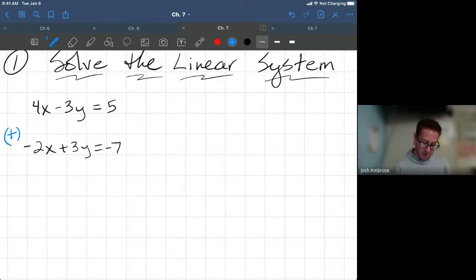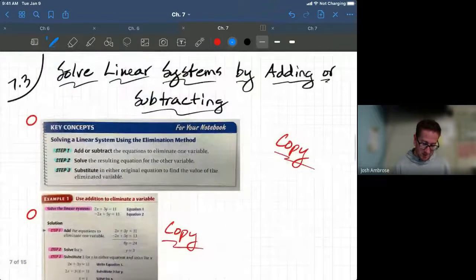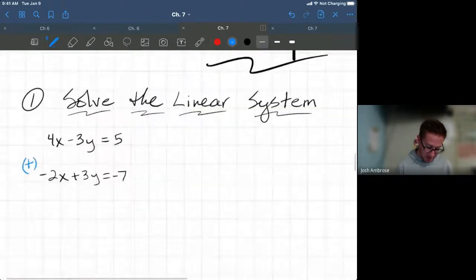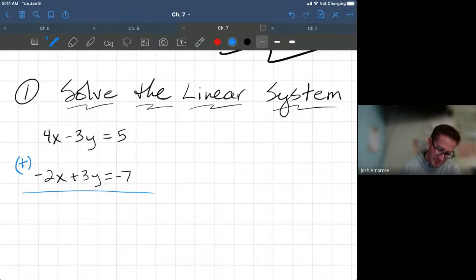So remember at the very beginning, it was titled Solve Linear Systems by Adding or Subtracting. So we have to determine which method is the method that's going to work. And in this case, it is by addition. So negative 3y plus 3y, they will cross each other out.